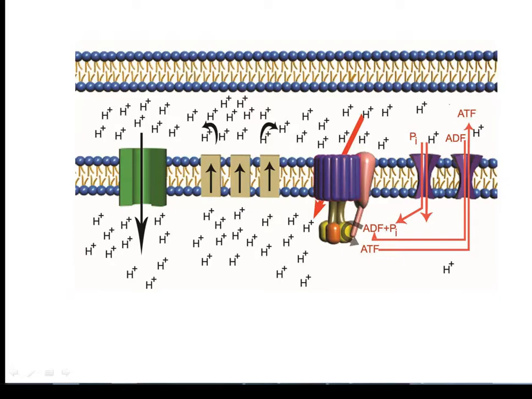When the hydrogens pass through this ATP synthase, the globular units turn, and they create ATP molecules from ADP and phosphates. The passage of each of the protons through the ATP synthase molecule creates one ATP molecule. So that is the process of oxidative phosphorylation.